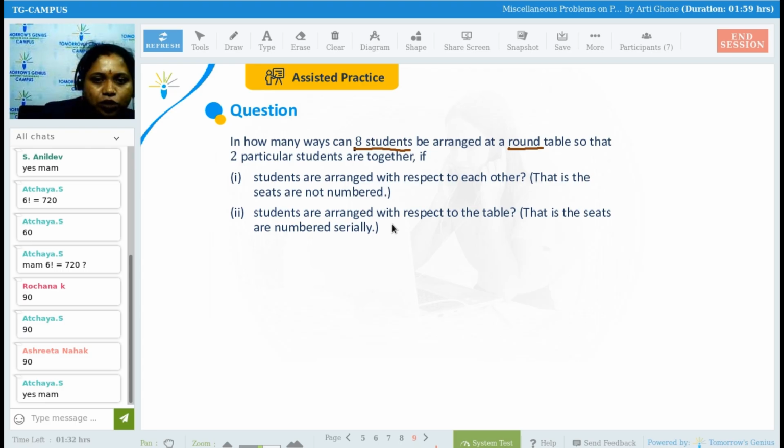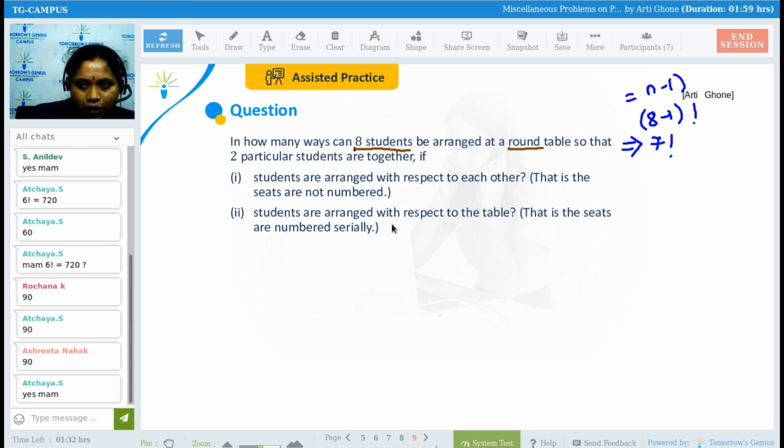What will be the plain permutation? No direction is given. So the arrangement of 8 students around the round table is simply (8 minus 1) factorial. It is equal to (n minus 1) factorial, that is 8 minus 1, that is equal to 7 factorial. Got it? Clear with the plain permutation. No direction is given, that means it is simply 7 factorial. Up to this is clear.